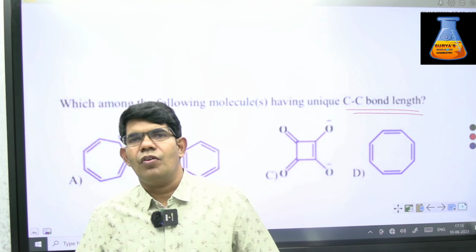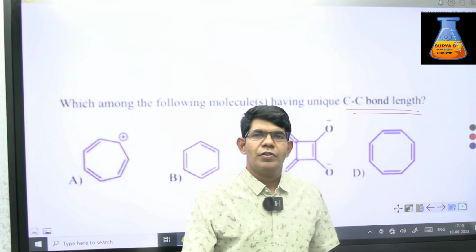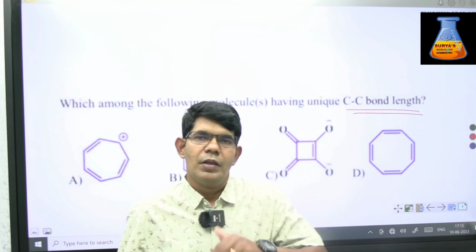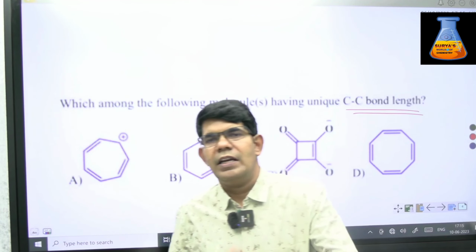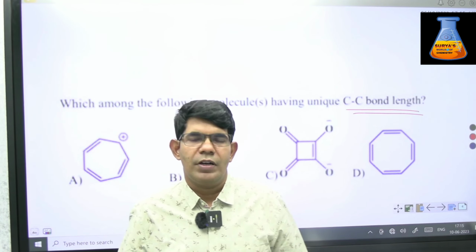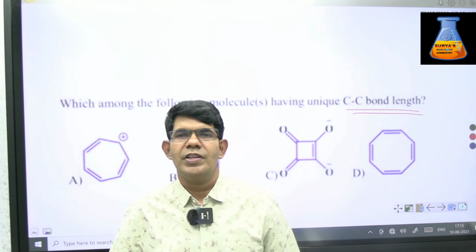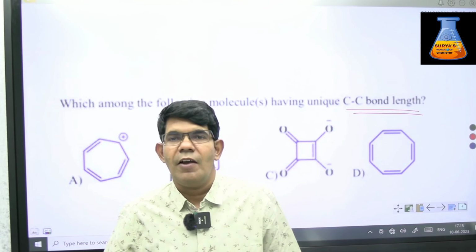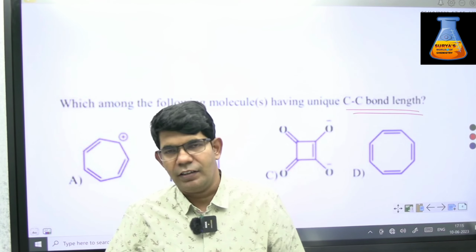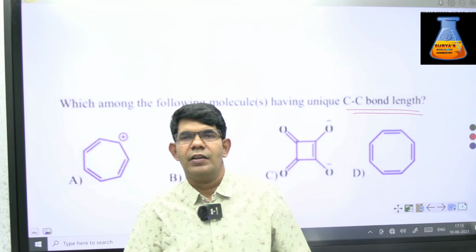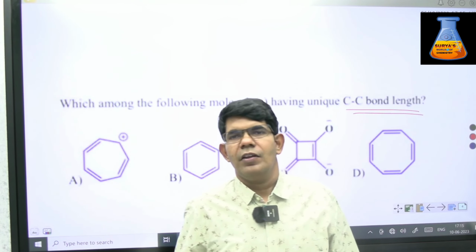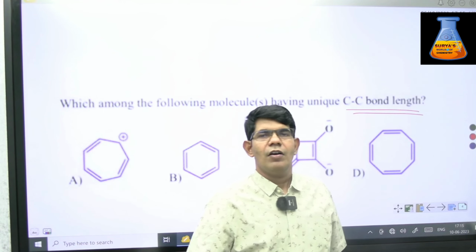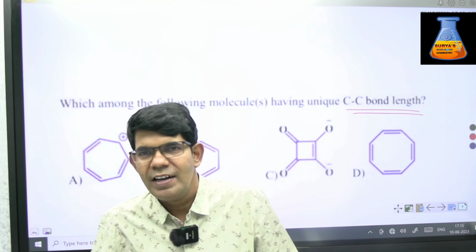Because in the case of aromatic compounds where you have an alternate pi bond system or alternate charge-based pi bonded system, you will have a continuous delocalization. In that case, what happens? You will have a partial double bond character. When you have a partial double bond character generated within the ring, you cannot have a bond length similar to that of a carbon-carbon single bond or carbon-carbon double bond.